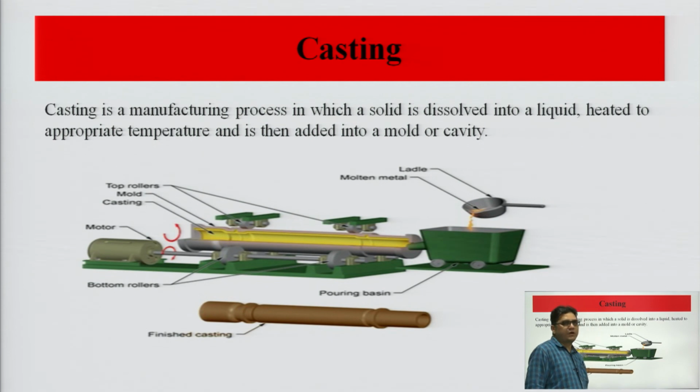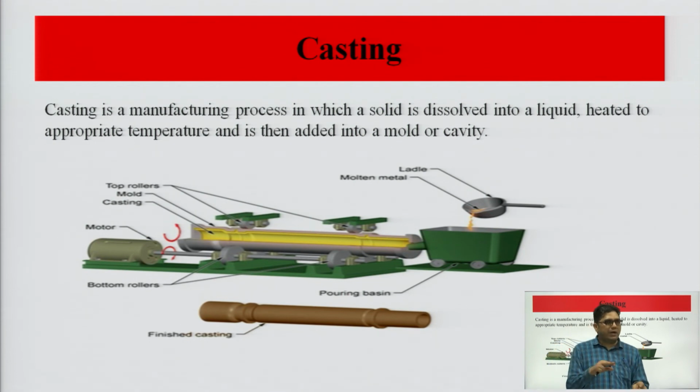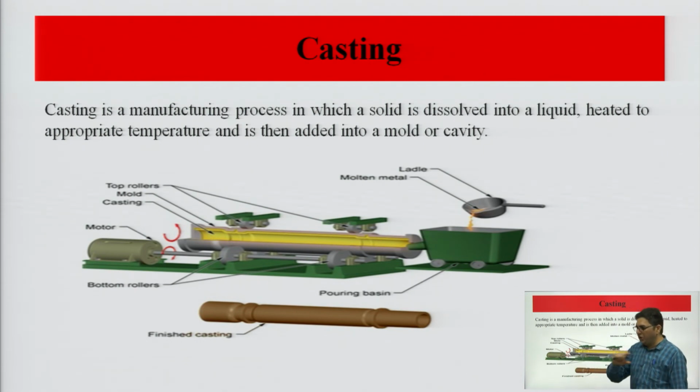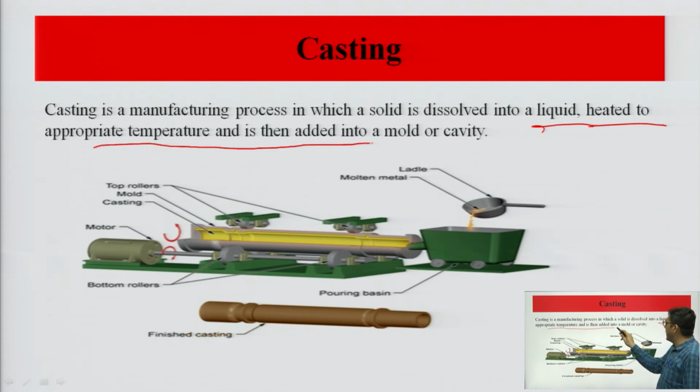Next is casting, the last one that I discussed. Molding and casting are the same thing. Casting is a manufacturing process in which a solid is turned into a liquid. We heat it until it becomes liquid, heated to the appropriate temperature, and then add it into a mold or cavity.